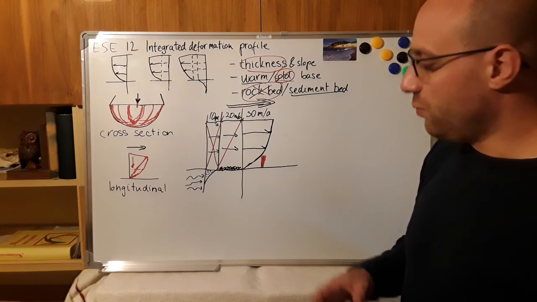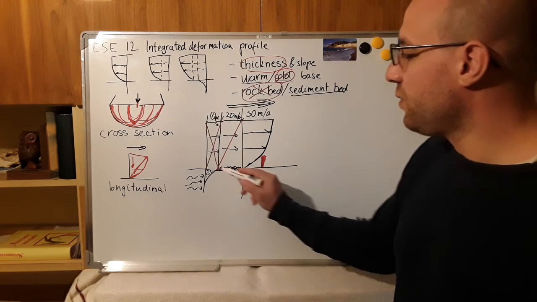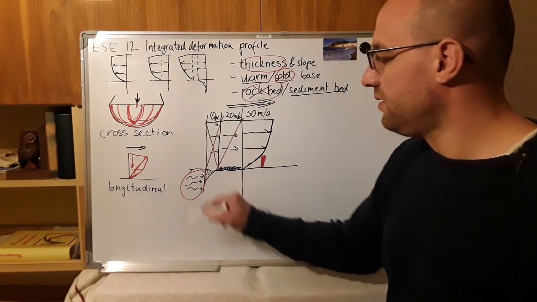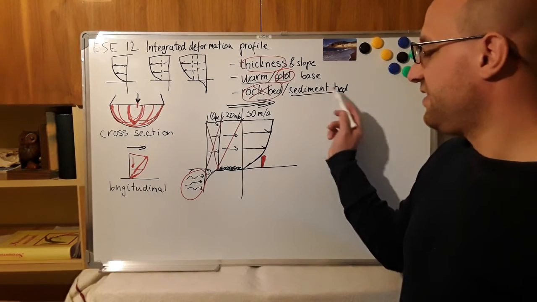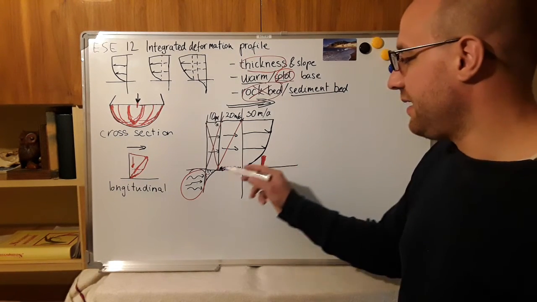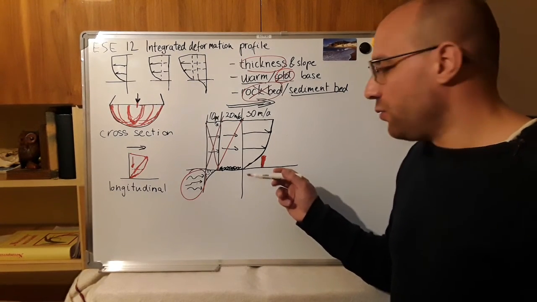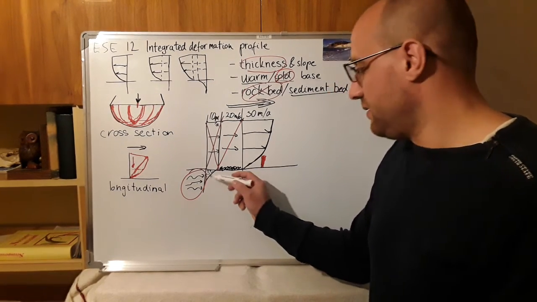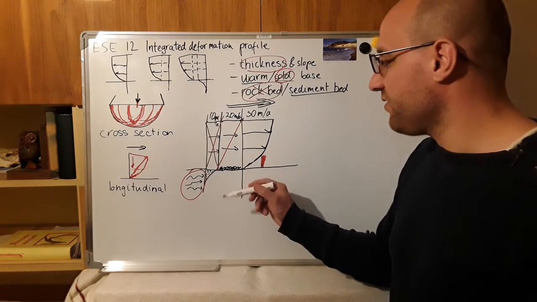But again, what we will be talking about in more detail today is to what extent this water, the wetness of the sediment bed, can contribute to the movement of the ice mass, or how this material can later be deposited.